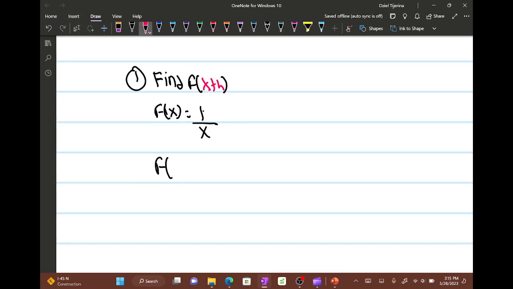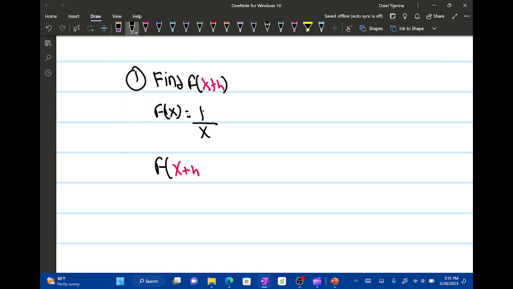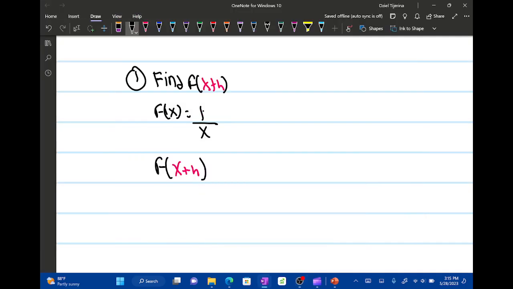I'm just going to evaluate the function at x plus h, and I get 1 over x plus h. So this is my f of x plus h.